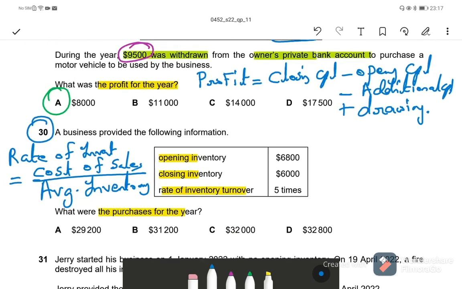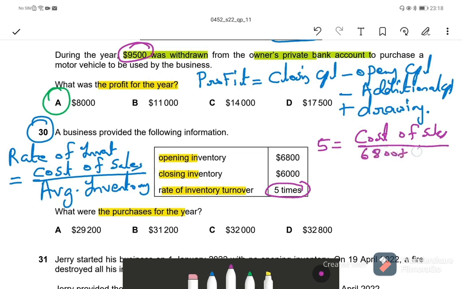So here the rate of inventory turnover is given as 5 times. 5 is equal to cost of sales divided by average inventory. Average inventory is 6,800 plus 6,000 divided by 2, which is 6,400.